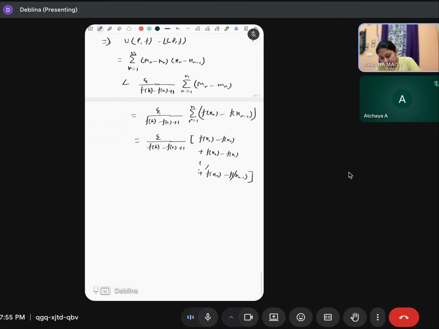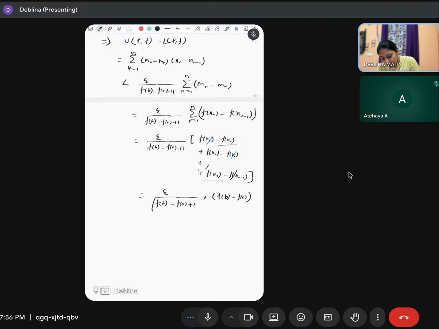So the intermediate terms will be cancelled out, and only these two are left: f(xn) minus f(x0), and xn is b and x0 is a, so it is f(b) minus f(a).